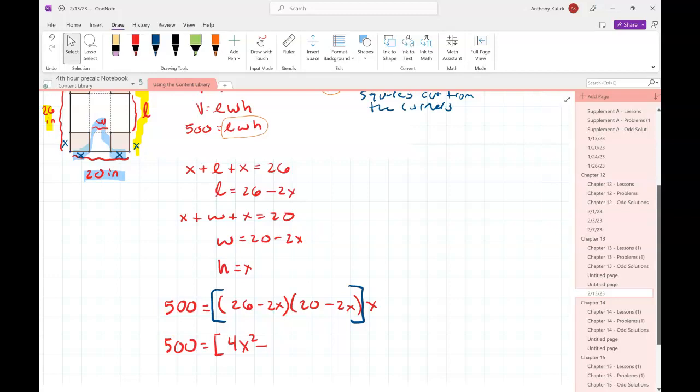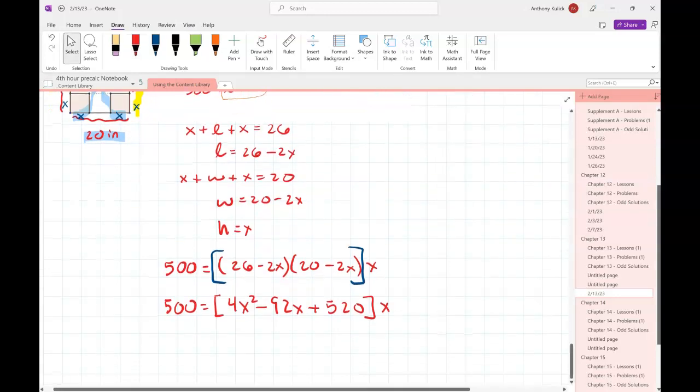Let's see, 92, yeah. And then we'll just distribute the x back through.